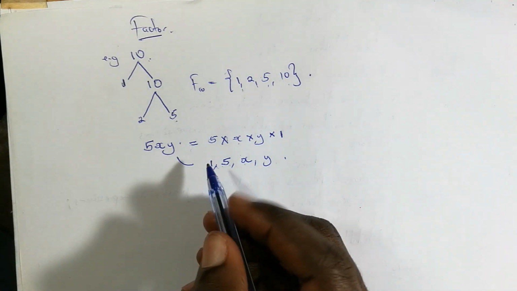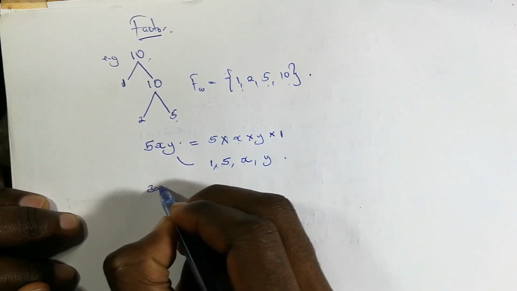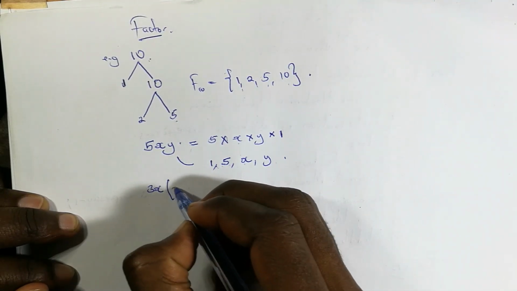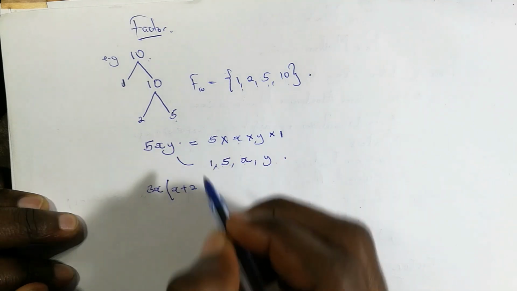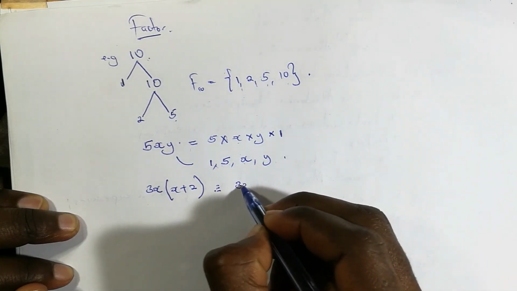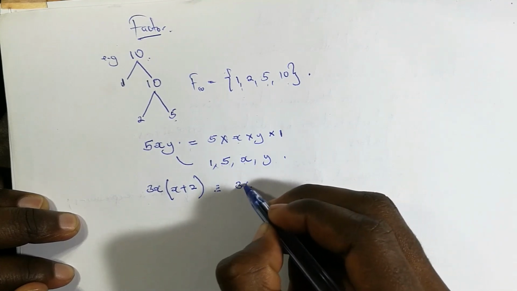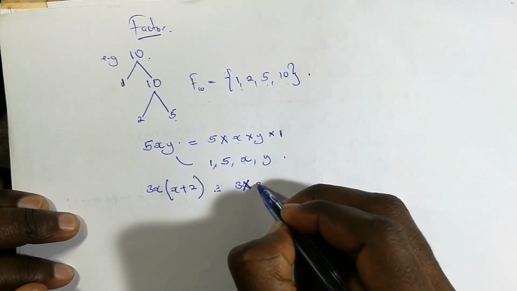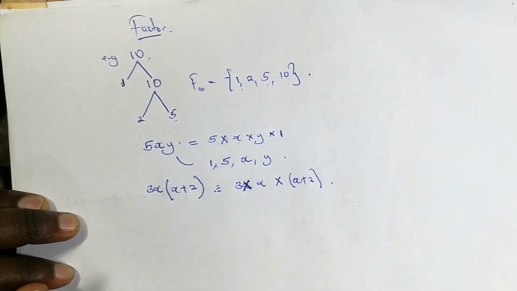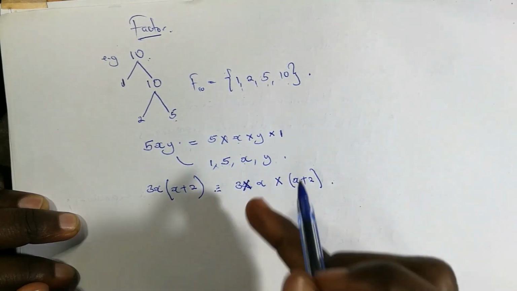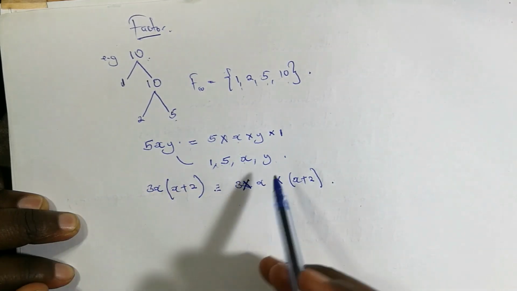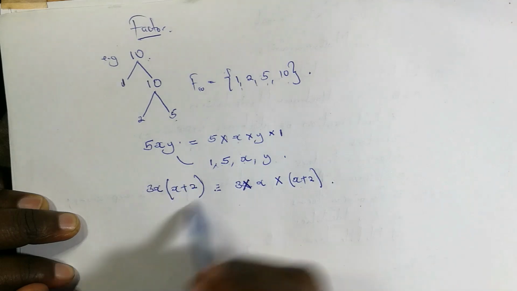And another one we can see, maybe if we have a single term multiplying a bracket of x plus 2, this can be expressed as 3x times x plus 2, that is 3 multiplying x multiplying x plus 2. 3 is a factor of 3x into x plus 2. x is a factor of 3x into x plus 2, and as well x plus 2 taken as a whole.